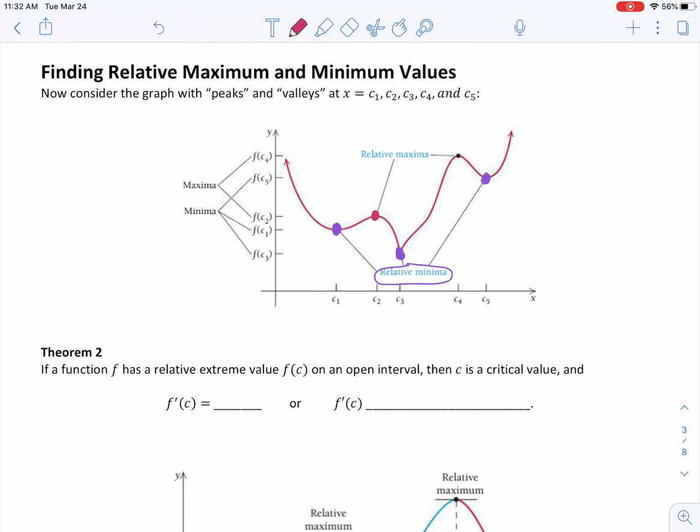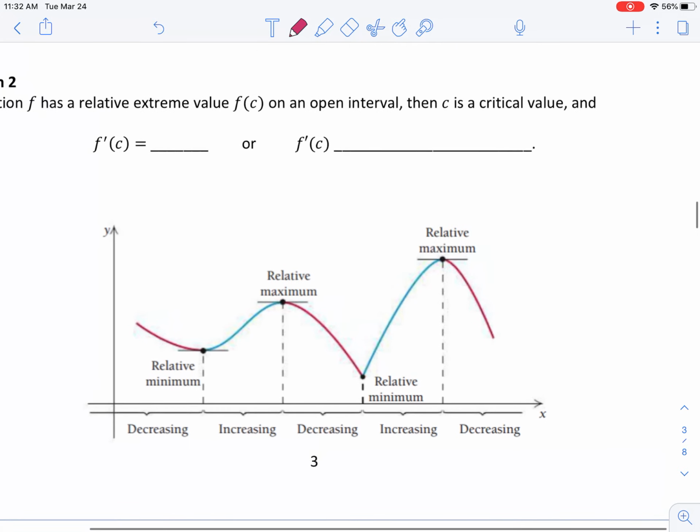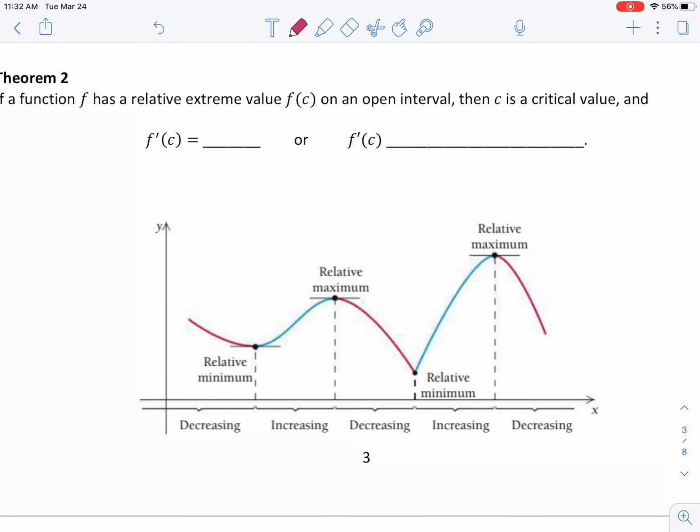The highest point of these areas, these are called relative maxima, and we can find them by first finding the critical values, right? So remember, critical values are either when the derivative is equal to 0 or where the derivative does not exist.